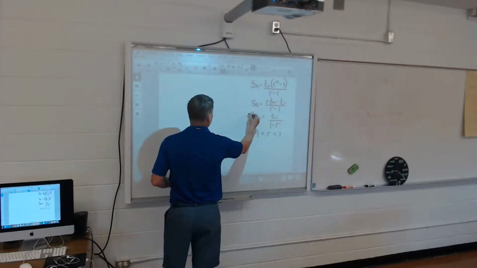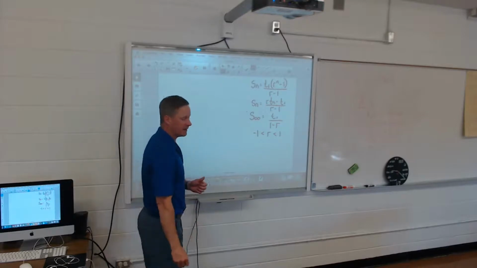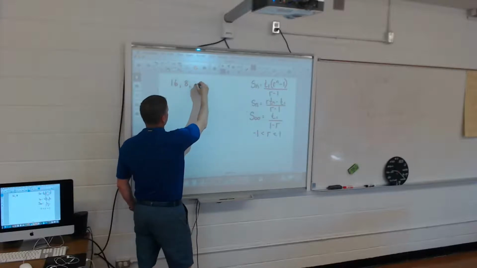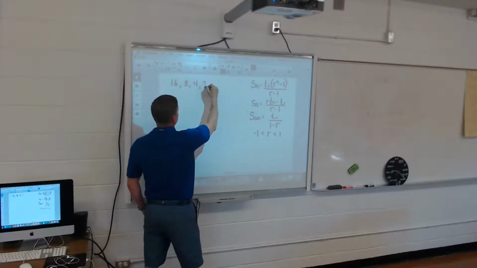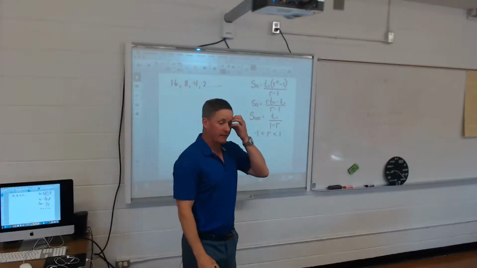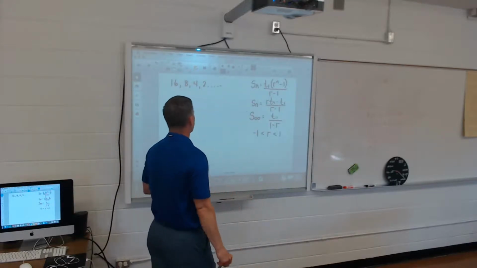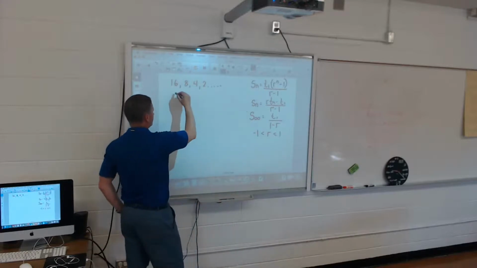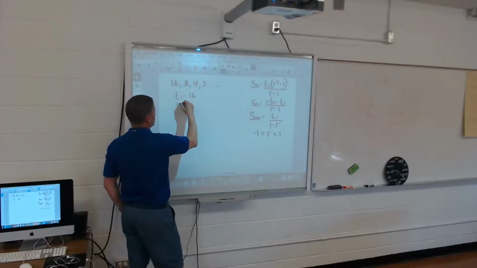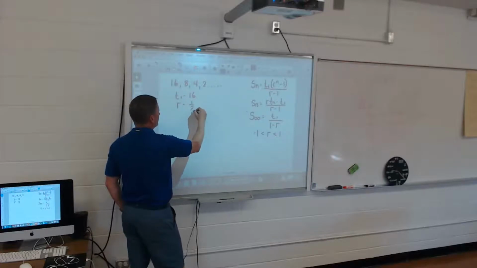So I'm going to focus on this infinite one for a second. An example of this would be 16, 8, 4, 2, and so on. So I have an infinite geometric series here. My first term is 16. My common ratio is 1/2.